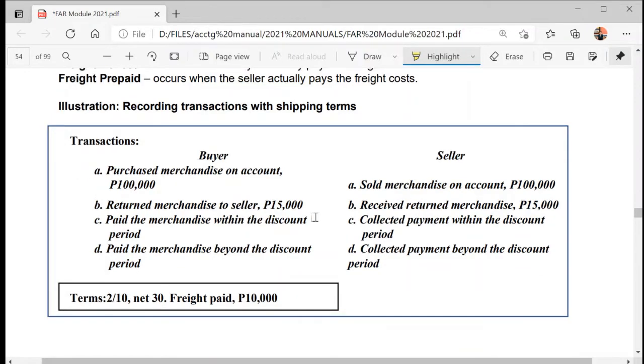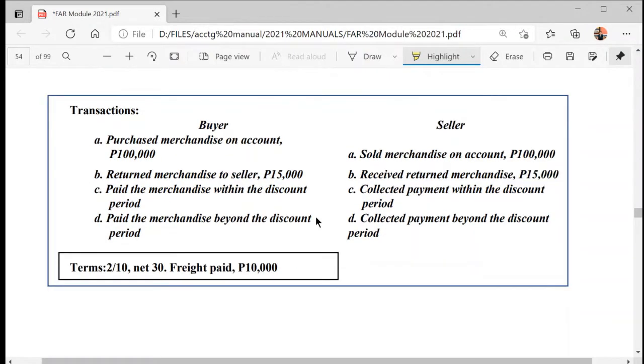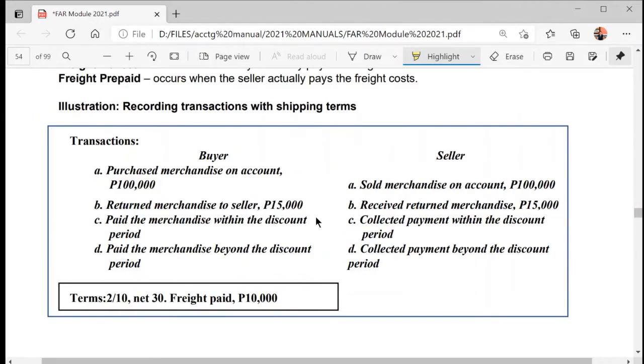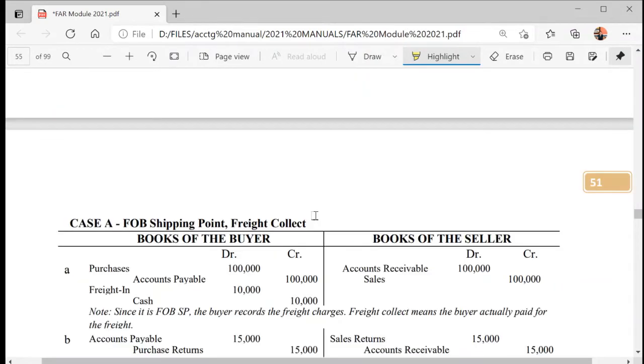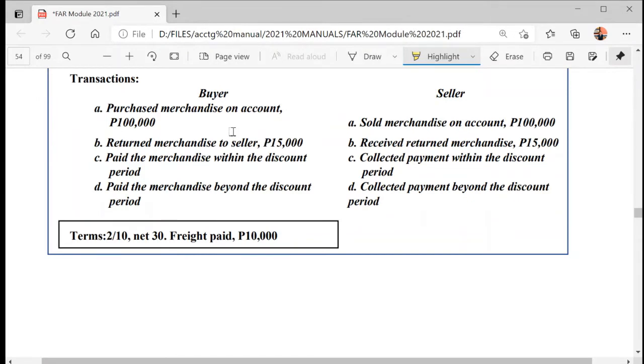So the instruction here would be we need to prepare the entries on the side of the buyer and the side of the seller. Okay, so for the first item, we have purchase merchandise on account.